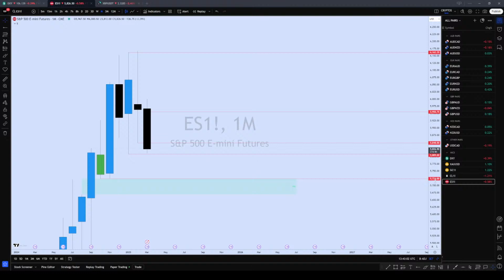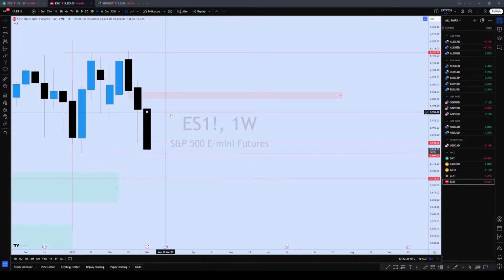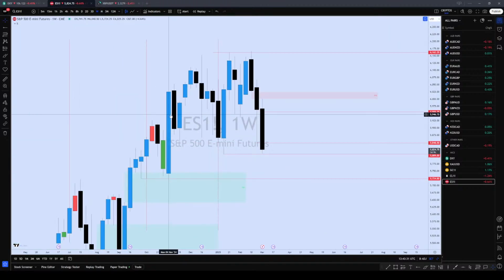But whatever happens, 5724 will be a downside objective for the S&P 500. Okay, so basically stocks are gonna fall. The stocks that are within the S&P 500. So if you do trade stocks, look at the stocks within the S&P 500 and short them. I don't go into those things because that's not my expertise.